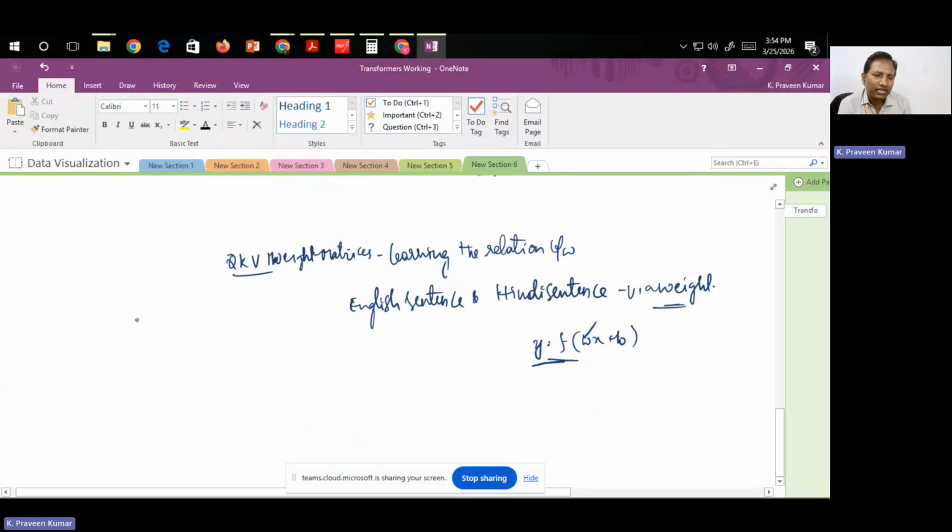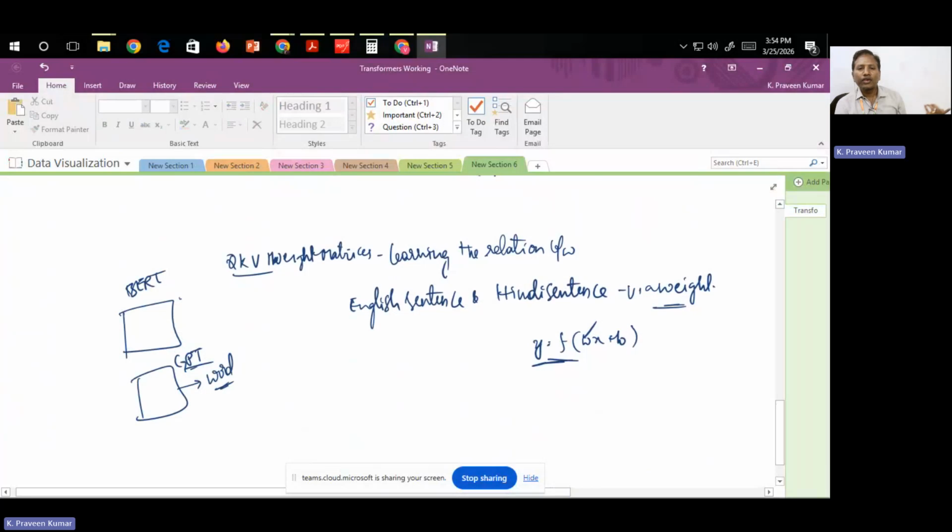It means the transformer encoder became one part called BERT, Bidirectional Encoder Representations, which gives encodings, and the decoder part became GPT, Generative Pre-trained Transformer, which started generating words. General people need to produce words, so GPT got the popularity.